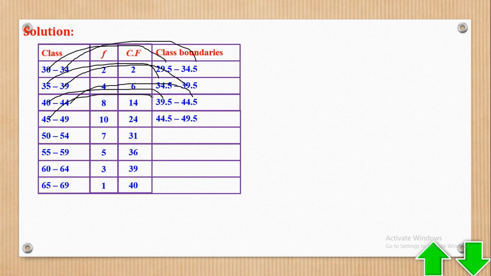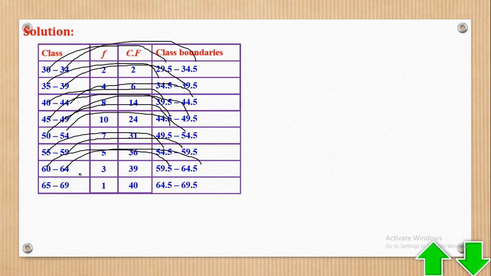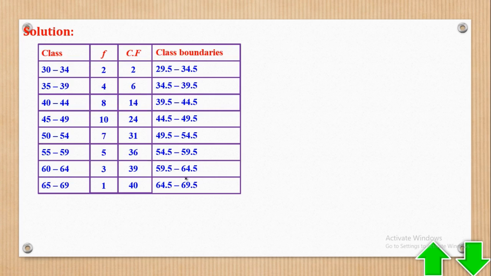We repeat this for each class, and lastly, this minus 0.5 gives that, and this plus 0.5 gives that. So that is how the column for class boundaries can be generated.